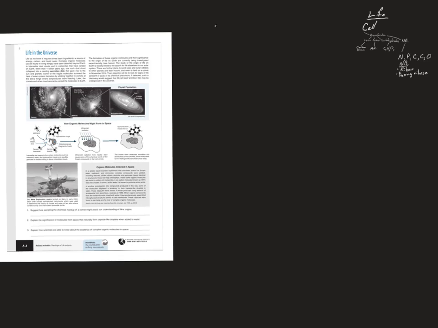Well, as light travels through different molecules, let's say water, H2O, as light hits it, it absorbs it, and water absorbs light, and it re-emits light.